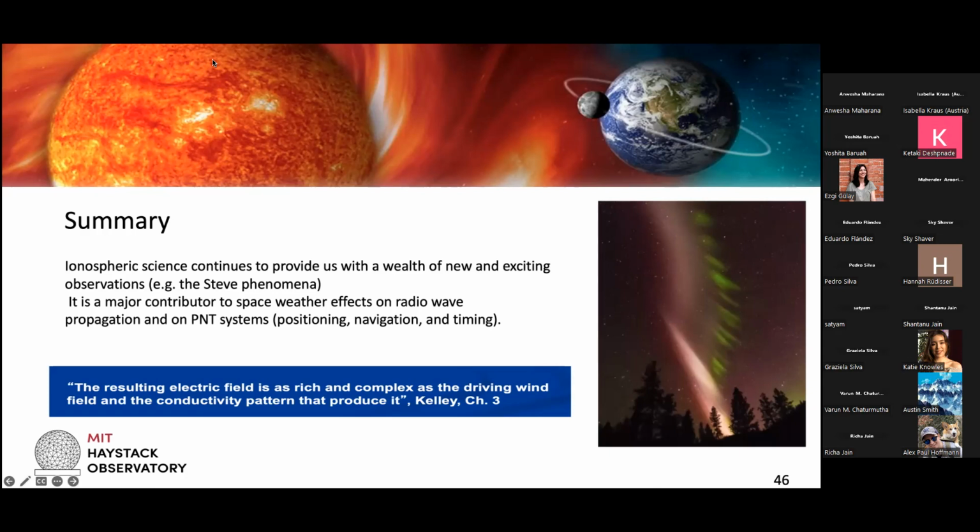What's the difference between a TAD and TID? I did go through that very fast. So traveling atmospheric disturbance is basically just the neutrals. When the neutrals actually heat up and then they're cooled, that's monitored by some completely different system.